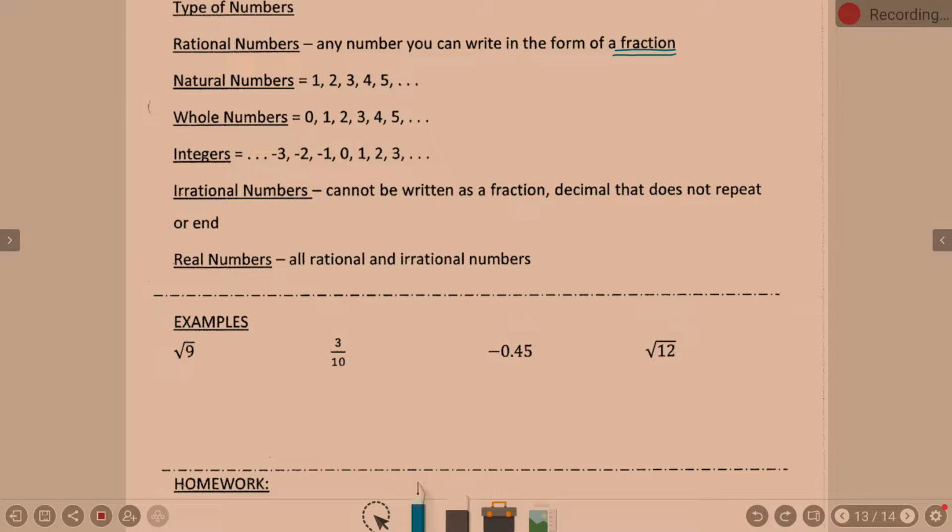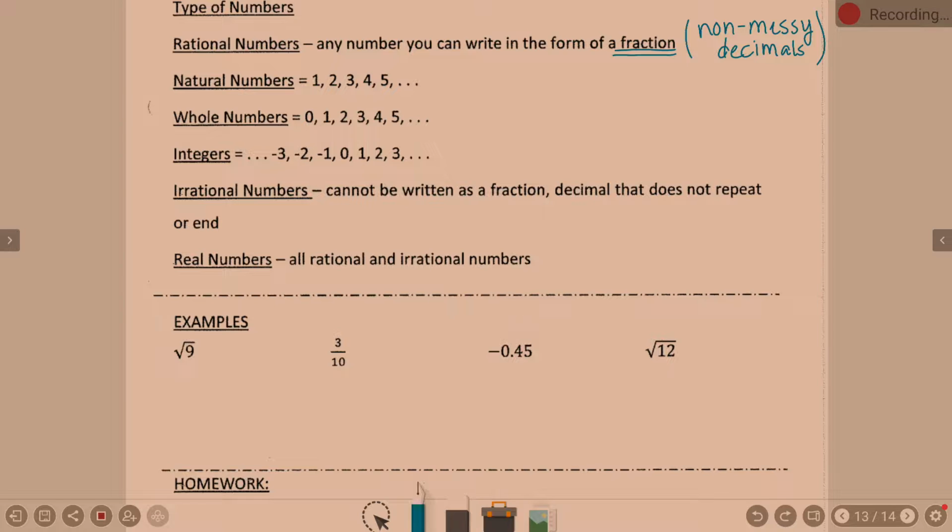I like to say non-messy decimals. Okay, that's an easy way for me to tell you guys: if it can be written as a fraction, it's a non-messy decimal.